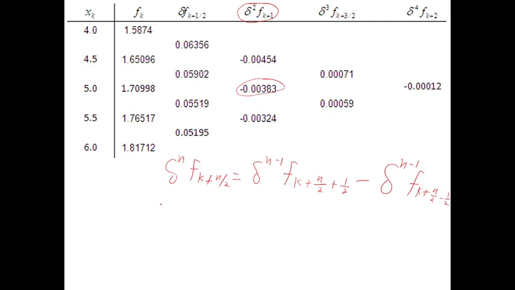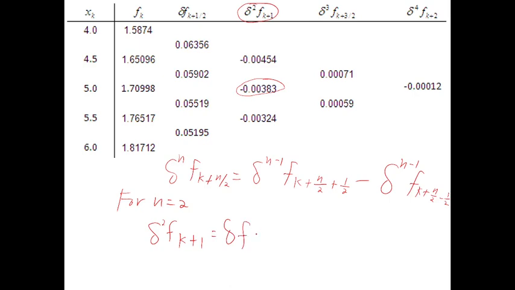ayan. For n equals to, kasi, ano yun, second differences. So, we have delta squared f k plus n is 2. So, that is 2 over 2 is 1. So, n is 2. 2 minus 1 is 1.